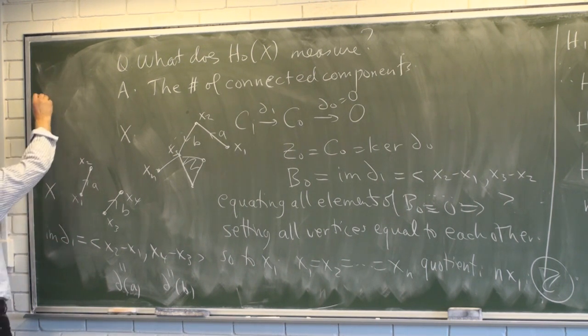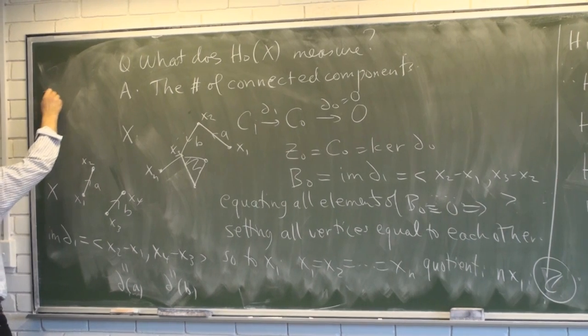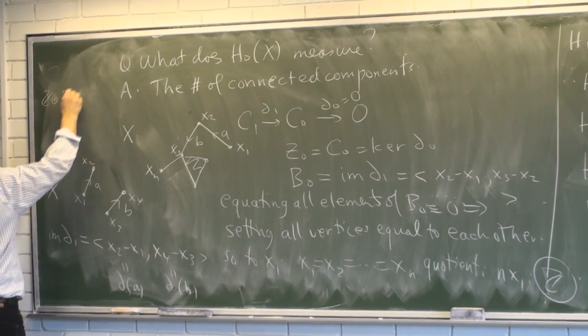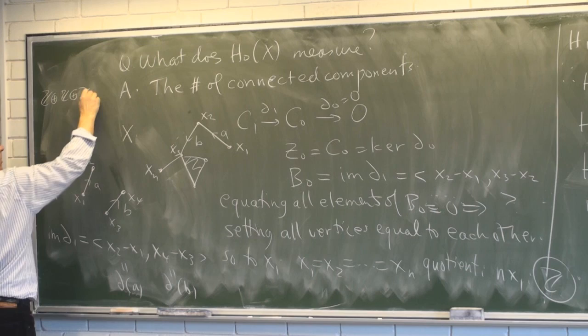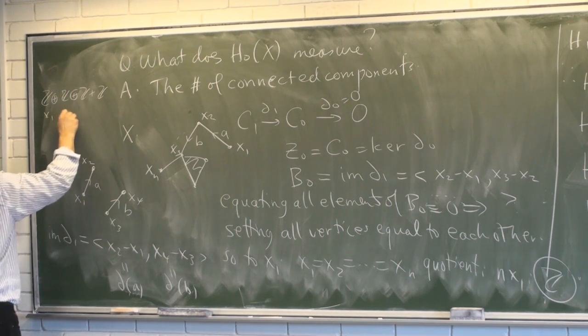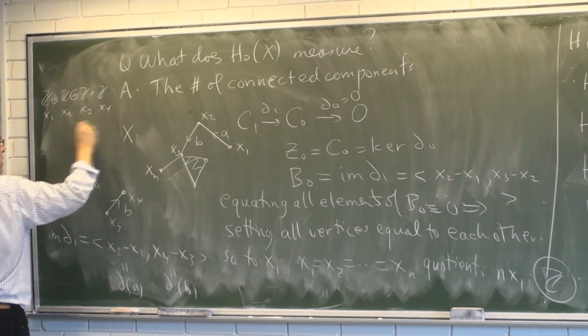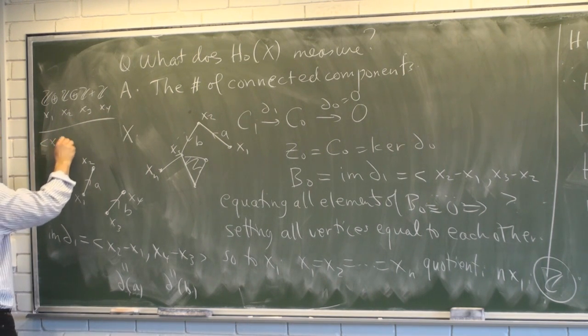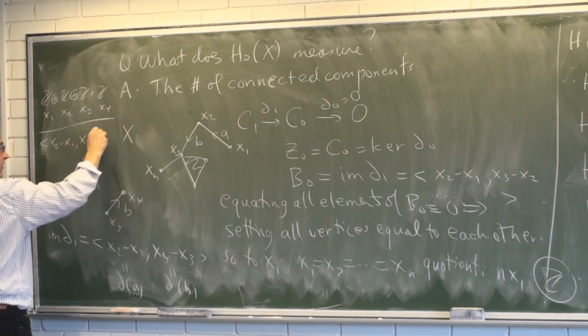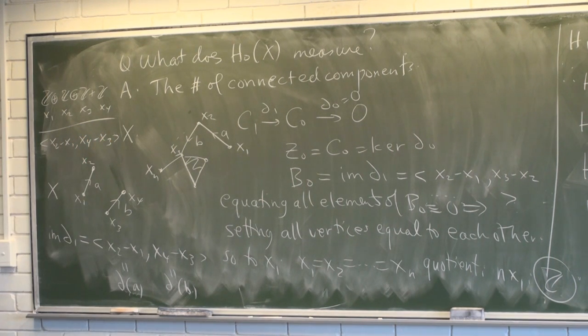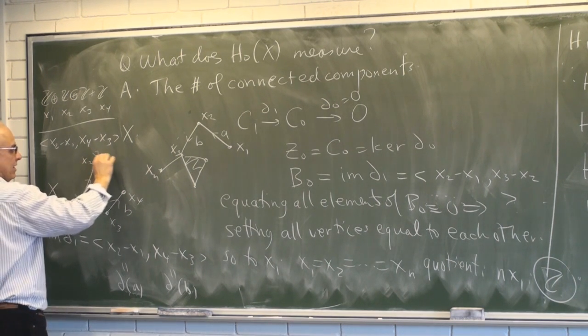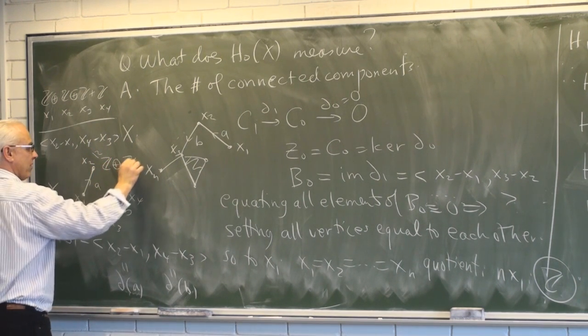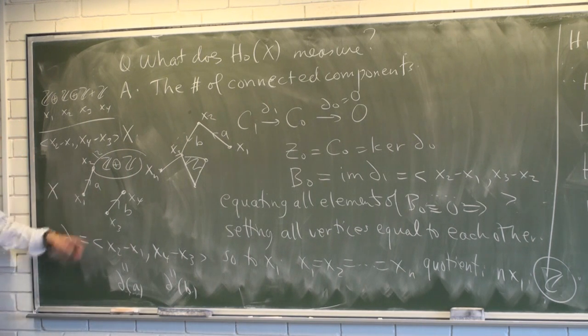So when you take the group Z plus Z plus Z plus Z spanned by x1, x2, x3, and x4, and you mod out by the group generated by x2 minus x1 and x4 minus x3, then what you get is just two copies of Z, one for each component.